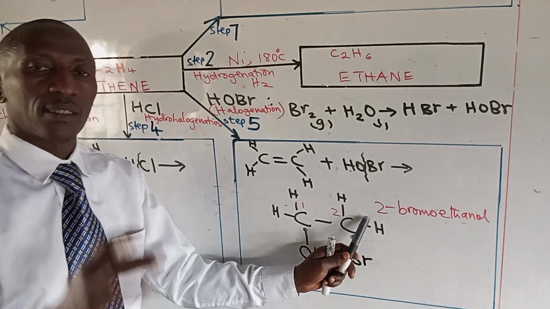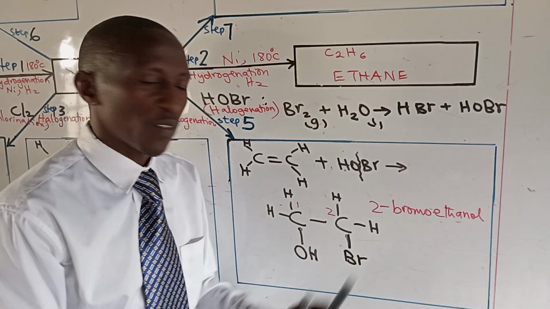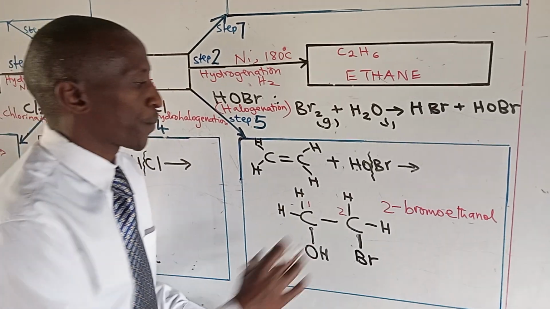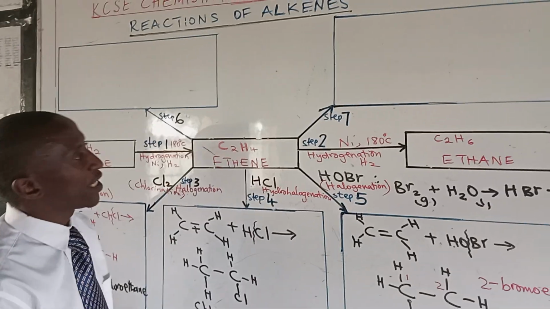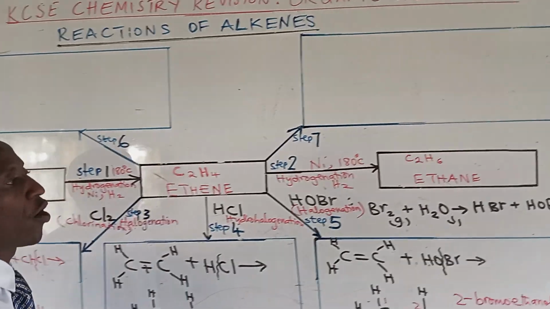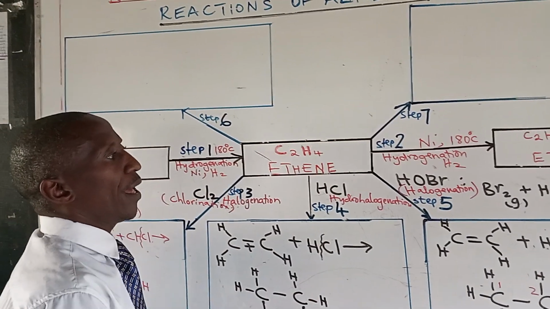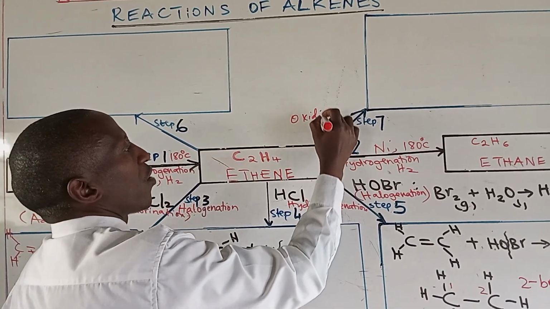So viewers, let us take note of that specification in the change of the name. Let's move on to other reactions which we have not possibly discussed. And here we are going to discuss the reaction of ethene with some oxidizing agents.